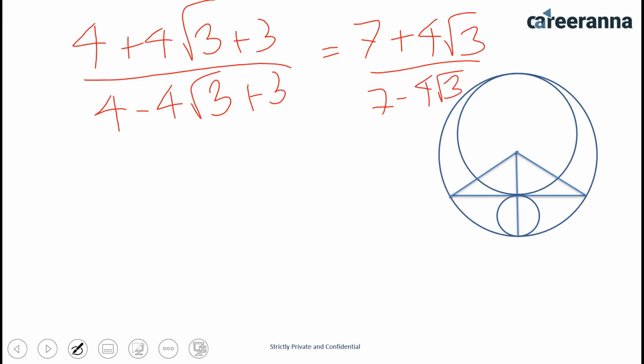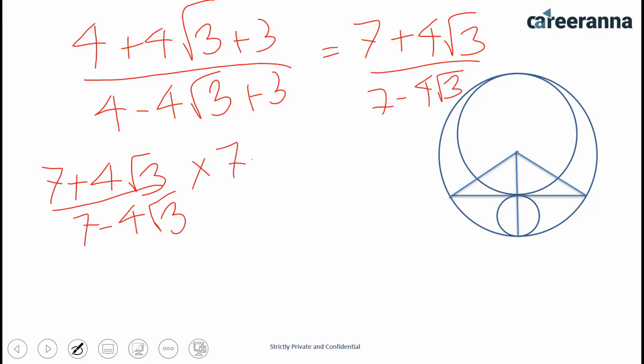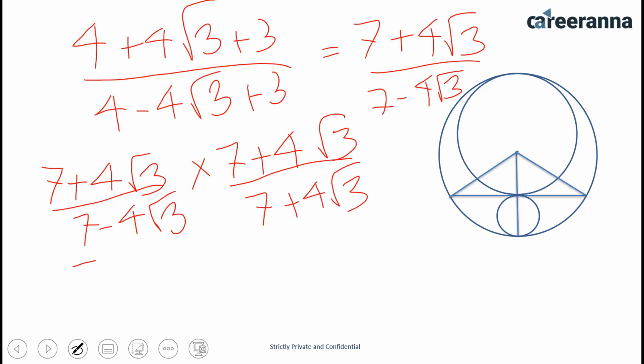Now we need to apply the method of rationalizing the denominator. We multiply 7 plus 4 root 3 upon 7 minus 4 root 3 by 7 plus 4 root 3 upon 7 plus 4 root 3. As you can see, there is a minus sign here and a plus sign here. This is a, this is b. So in the denominator it will become a square minus b square.